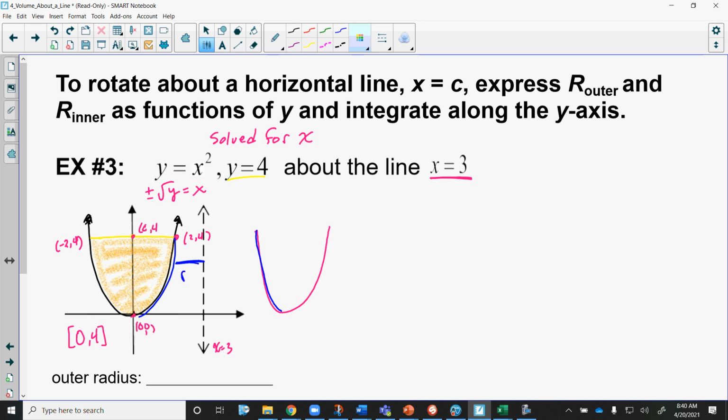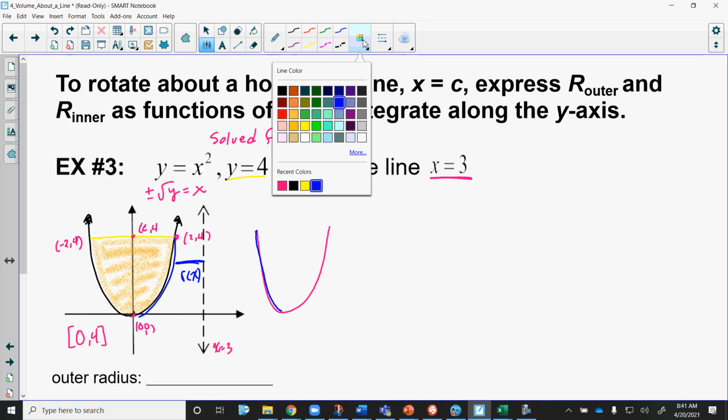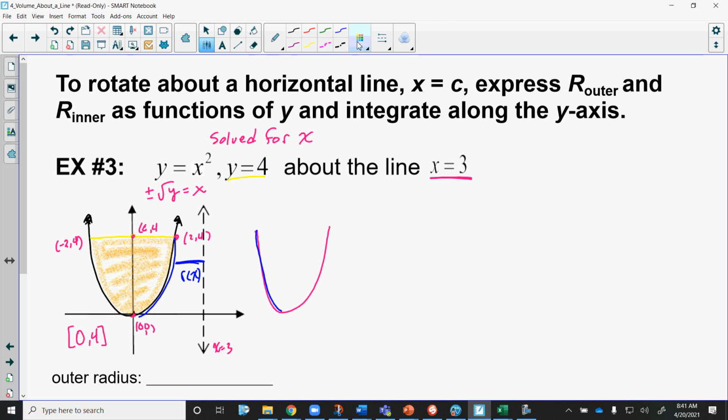So that's r of x little 1. And we can kind of see that, let's do green, I guess, that from here, and this one here and this one here, those are going to be the outer radius as we reflect it around the line x is equal to 3.